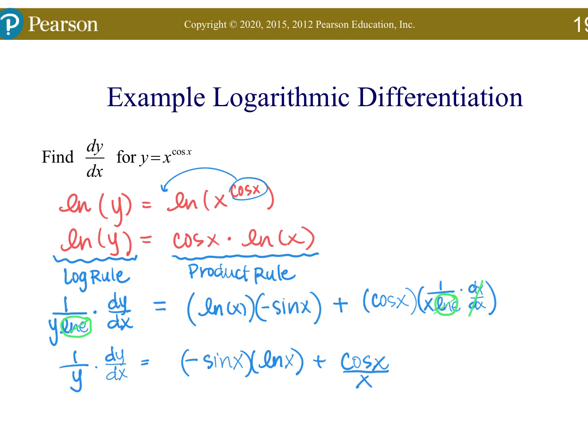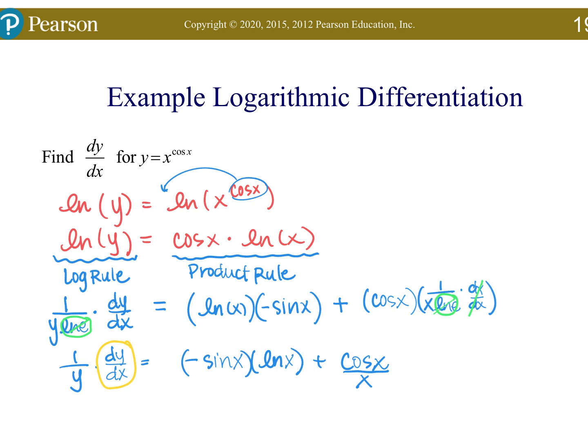Okay. Have I answered the question? Let's go back to the first two words of the problem. What is the problem asking me to find? Find dy/dx. Do you see dy/dx? I'm supposed to find dy/dx, which means get dy/dx by itself. So what would you do to both sides of the problem to get that dy/dx alone?